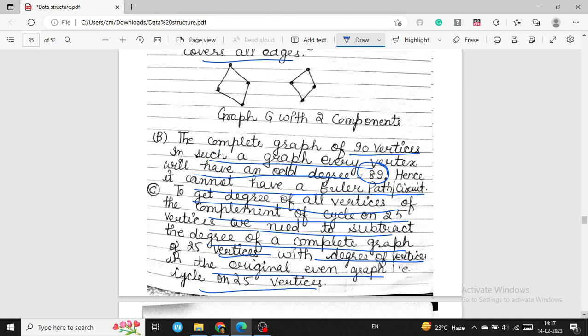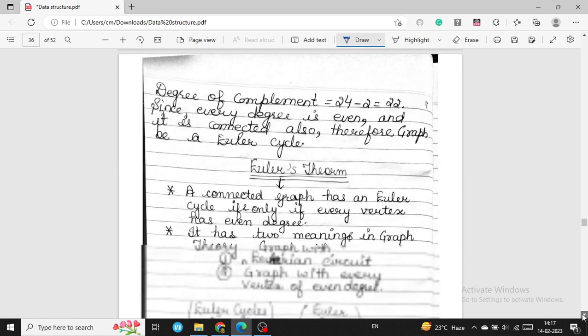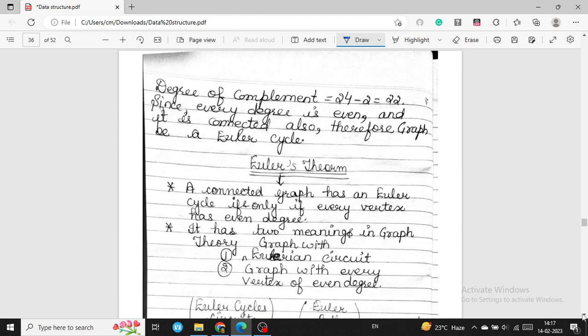You have to learn these definitions as they are. The degree in the complement is 24 minus 2, that is 22. Since every degree is even and it is connected also, therefore the graph has an Euler cycle.